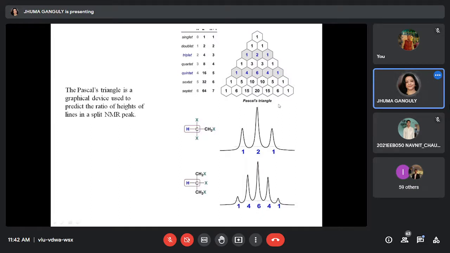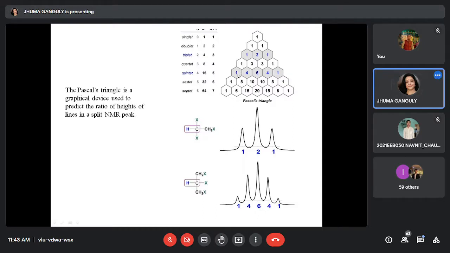What is Pascal's triangle? We just draw this value 1, then you come 1 and 1. So first you shift the 1, and then you make a sum, 1 plus 1. This is 2, then 1 coming down. Then again 1 coming down, 1 plus 2 is equal to 3, 2 plus 1 is equal to 3, and 1 coming down.